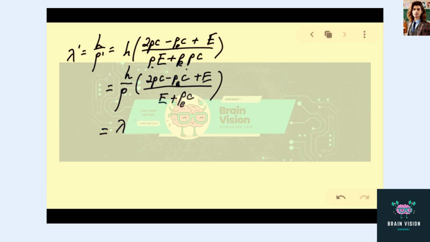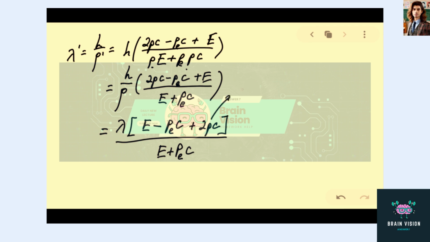So this lambda times E minus PEC plus 2 times of PC divided by E plus PEC. Now we know that PC over here is given as the energy of the photon, sorry, which is given as hc over lambda as well.